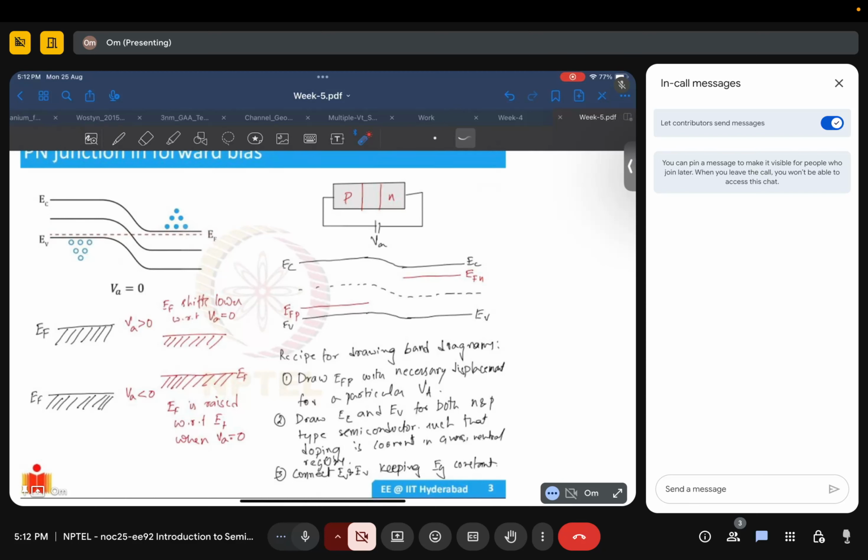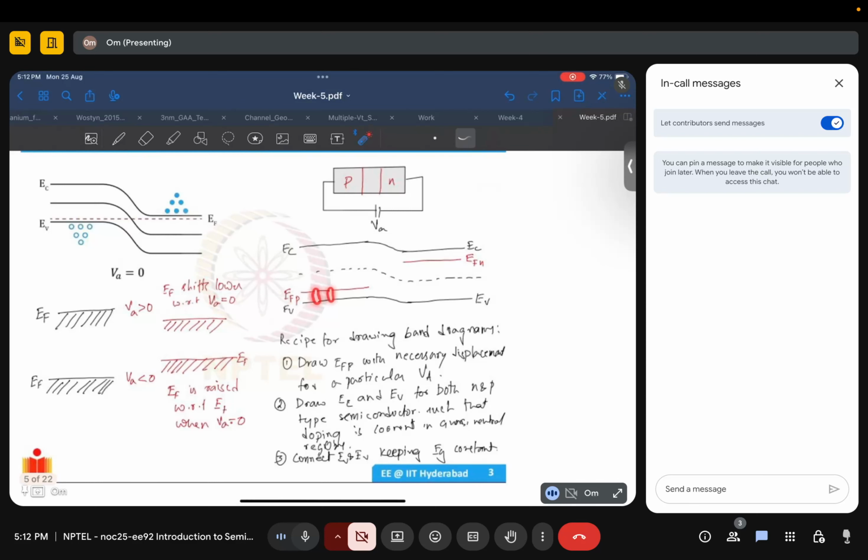Since you have applied a potential, you don't have a Fermi level, you have quasi-Fermi levels in these quasi-neutral regions, but they are not exactly Fermi levels. Fermi levels are only defined in equilibrium condition. They can tell you the concentration of carriers in the p side and n side. They are not continuous.